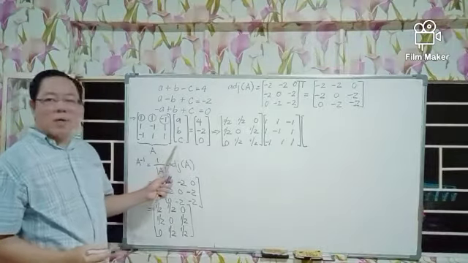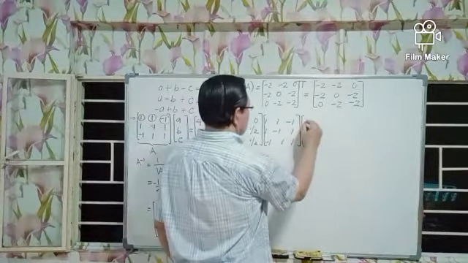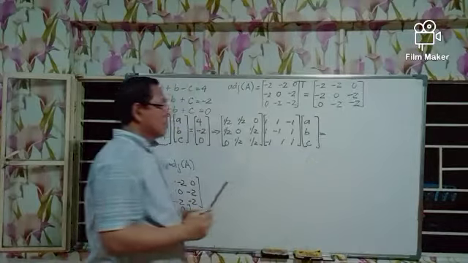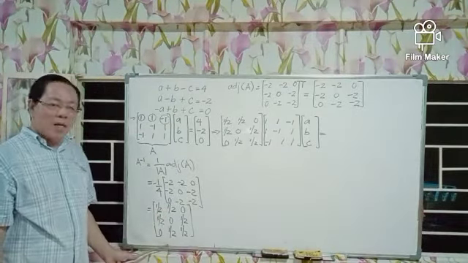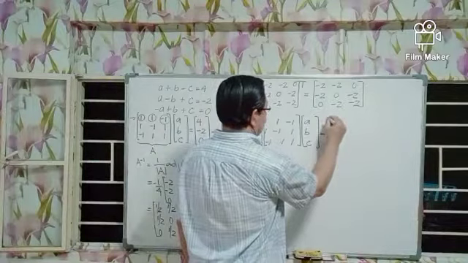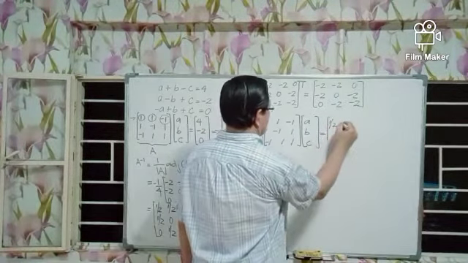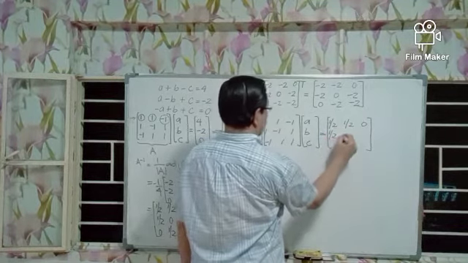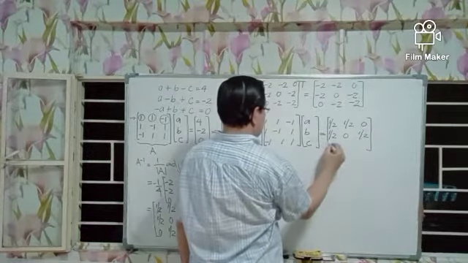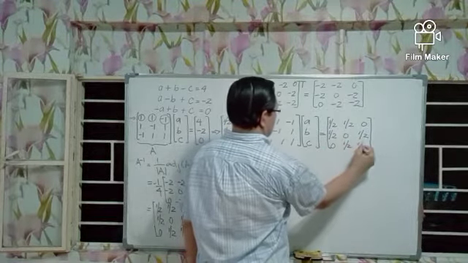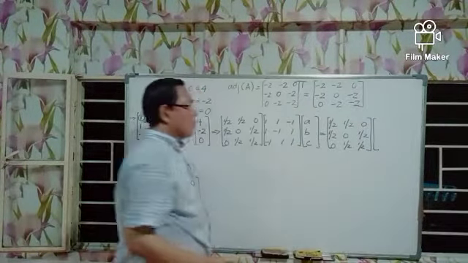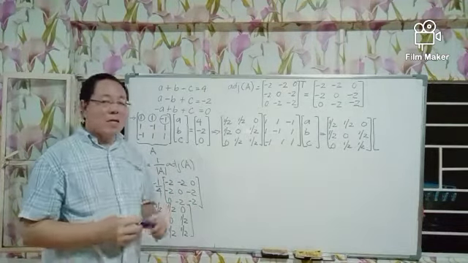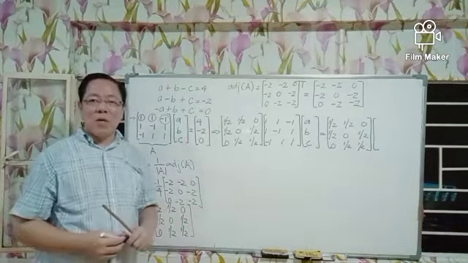Multiply by the column vector A, B, C. Equals the inverse of A. Multiply by this column vector, whose entries are the constant terms of the equations.